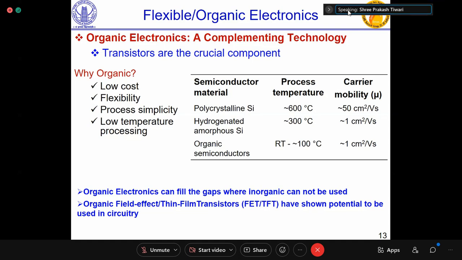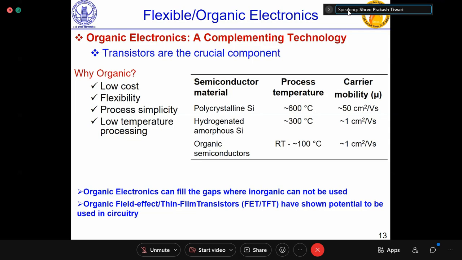But the moment you go to polycrystalline, the mobility you get from transistors is lower, about 50 cm²/V·s. And if you go for a more flexible version, hydrogenated amorphous silicon, this gives you 1 cm²/V·s.